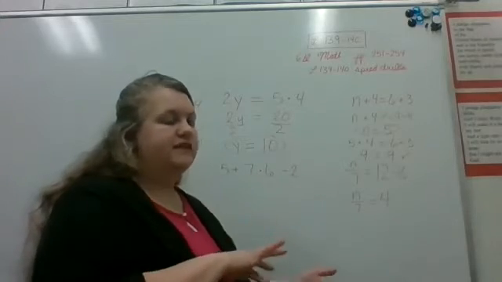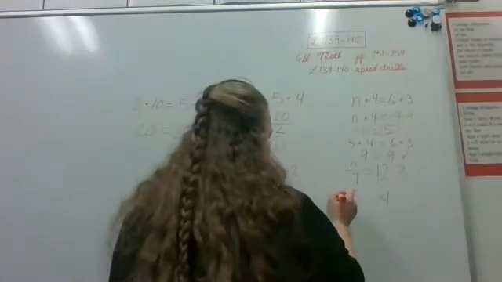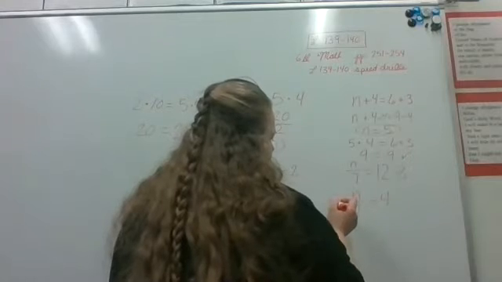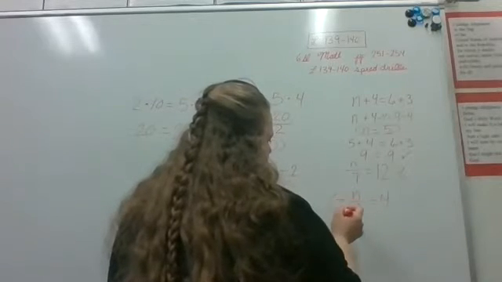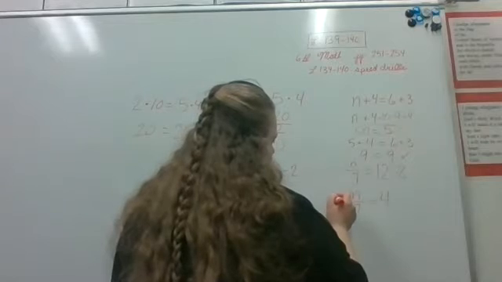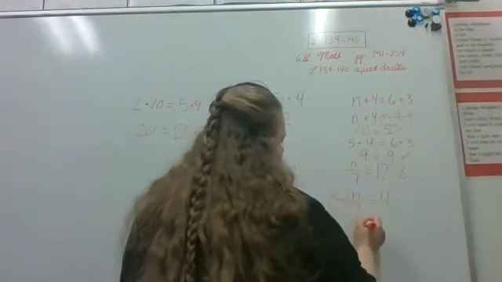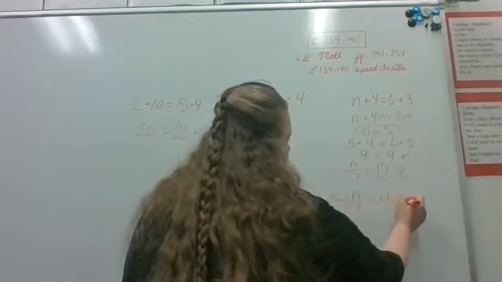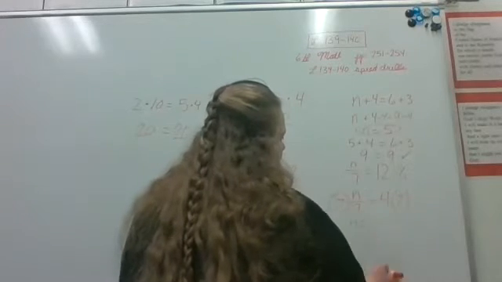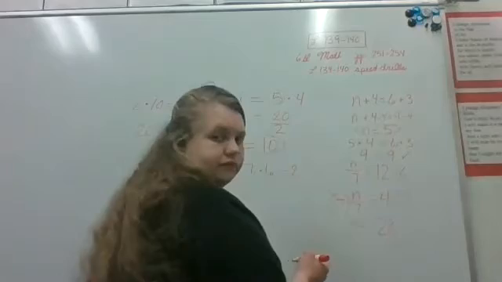The opposite of division is multiplication. Okay? 7 times n over 7 would cancel those two out, right? So then it would be n equals, and so then we're going to multiply by 7. 4 times 7 is 28, okay?